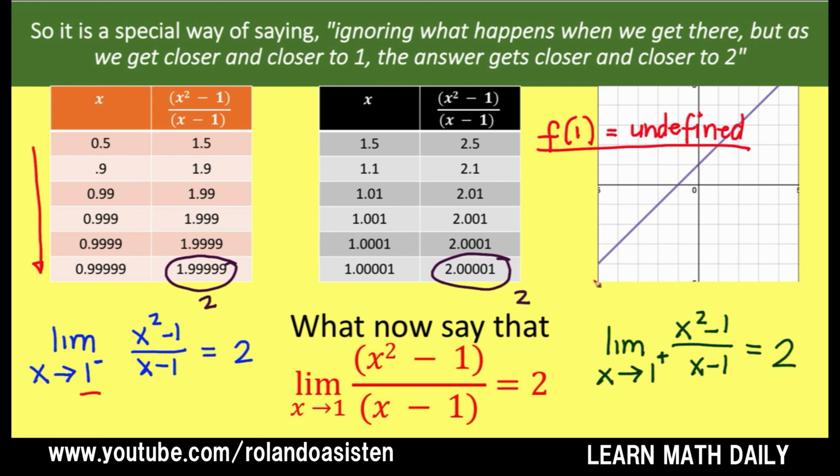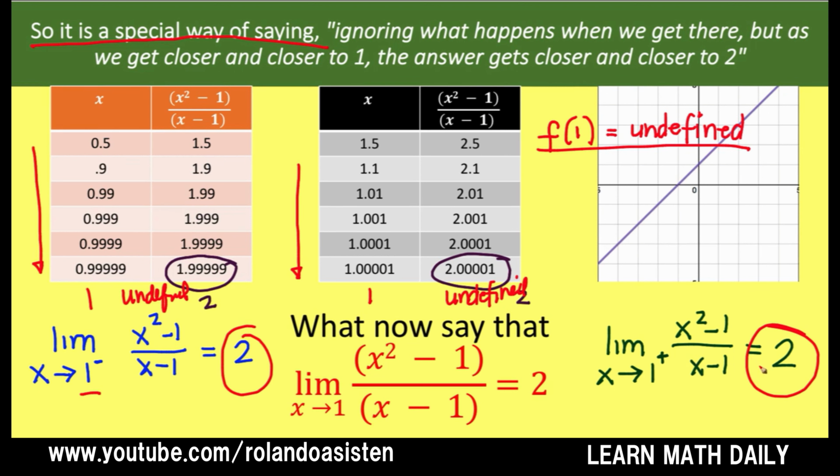So may I repeat this? In our computation of the limit, it doesn't matter whether the function is defined at the specific x value. What we are after is the value of y as x approaches that specific x value. So limit is a special way of saying ignore what happens when we get there. But as we get closer and closer to 1, the answer gets closer and closer to the limiting value, which is 2.